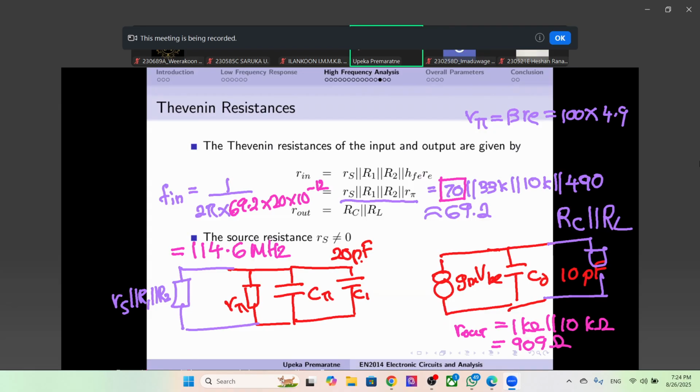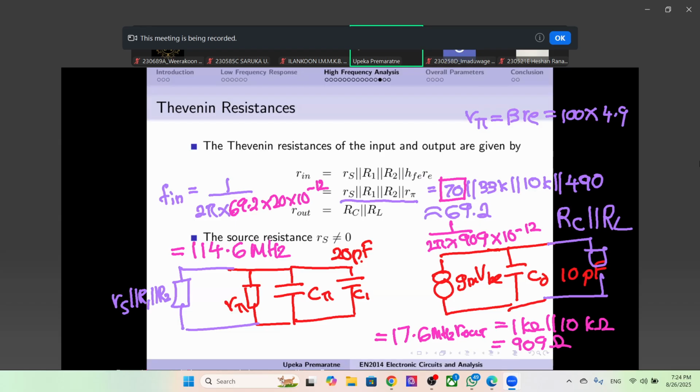The capacitance is 10 picofarads, 1 over 2 pi times 909 ohms times 10 picofarads, and the frequency you get over here is 17.6 megahertz.